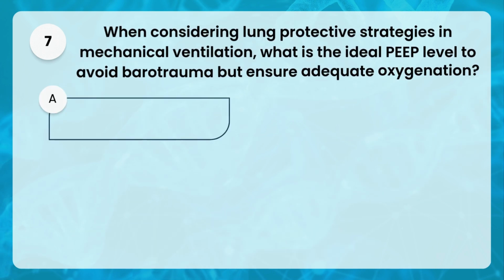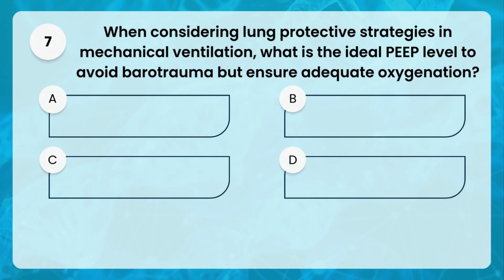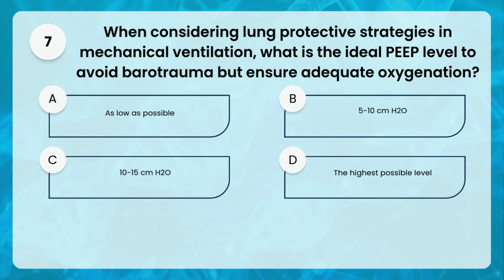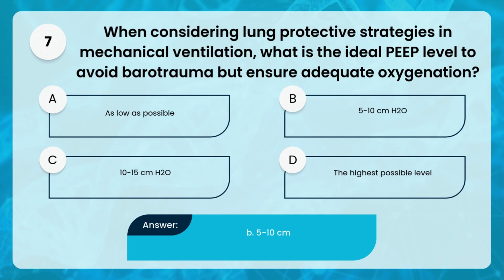When considering lung protective strategies in mechanical ventilation, what is the ideal PEEP level to avoid barotrauma but ensure adequate oxygenation? A. As low as possible. B. 5 to 10 centimeters H2O. C. 10 to 15 centimeters H2O. Or D. The highest possible level. The answer is B. 5 to 10 centimeters H2O.